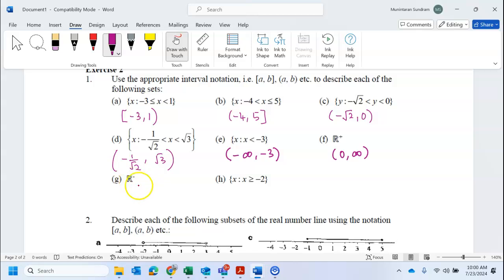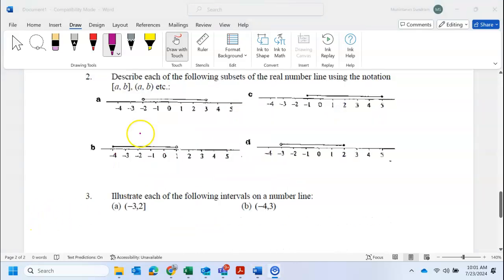Or negative is the negative values, real negative numbers, so that should be negative infinity comma 0 non-inclusive. Greater than negative 2, so negative 2 square bracket, comma infinity.